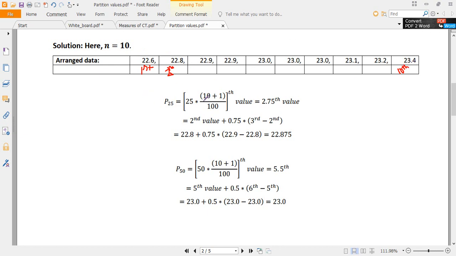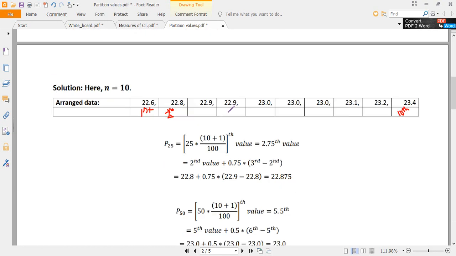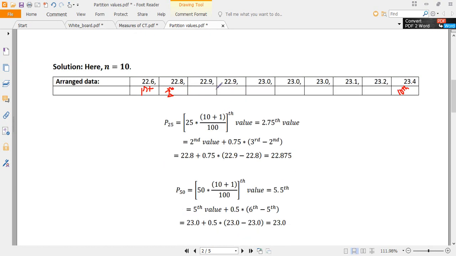So to compute P25, that is the 25th percentile, we have to use this formula, because this is raw data, not a frequency distribution. So the formula is 25 into (10 plus 1) by 100. So we get a position. The position is the 2.7th value.